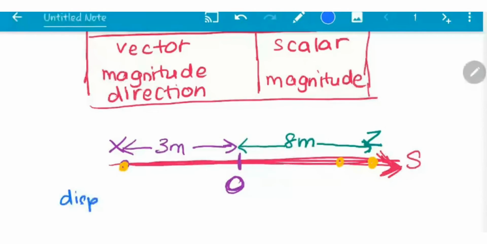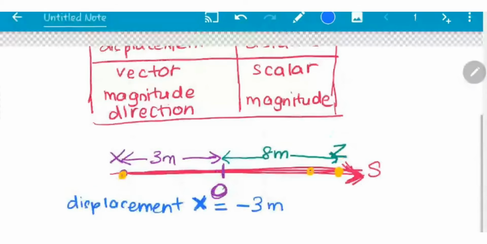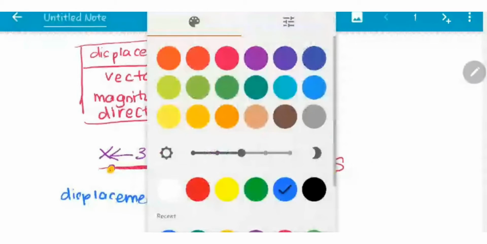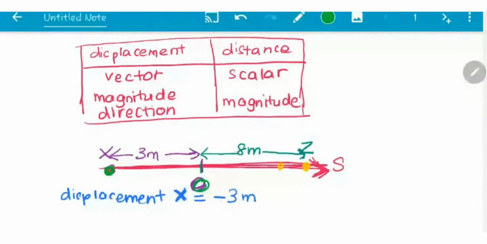So, in this case, displacement of X is negative 3 meter. Why is it negative 3 meter? Because X is on the left side of O. This is the origin. So on the left, the value of S is negative. On the right, the value of S is positive.